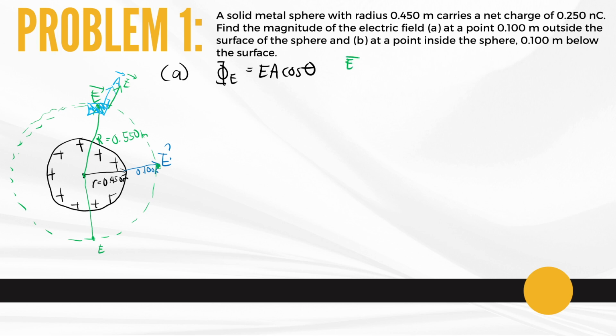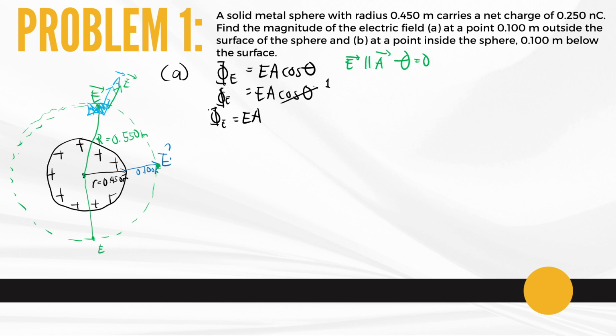If my electric field is parallel to the direction of my area, then theta is equal to 0, so cosine 0 is equal to 1. So my electric flux is just EA.